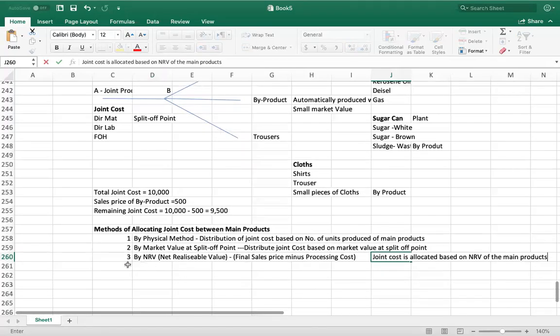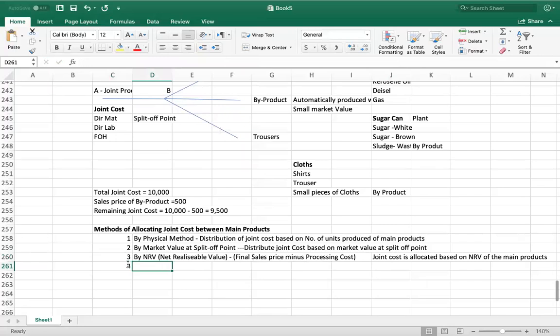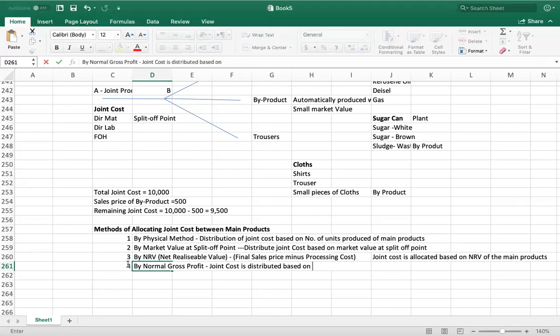This is the third method. The fourth method is by normal gross profit. Joint cost is distributed based on normal gross profit of each main product. So these are four methods.